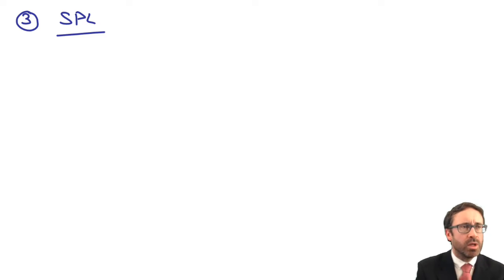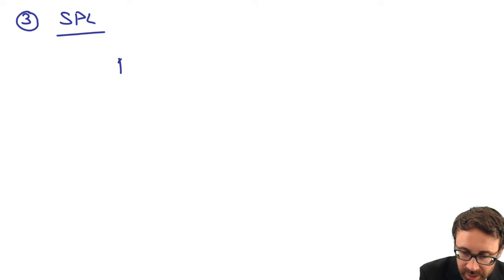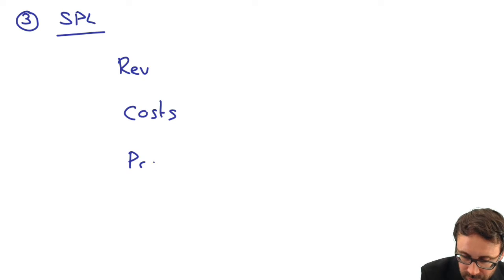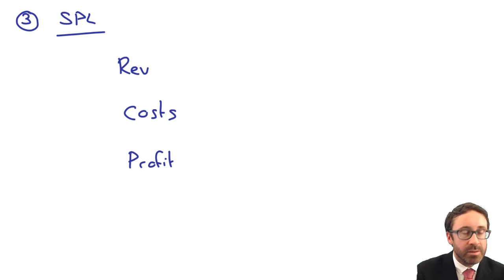We then go through and look at step 3. Step 3 is on the statement of profit or loss. So here what we've got is our revenue, costs, and profits.